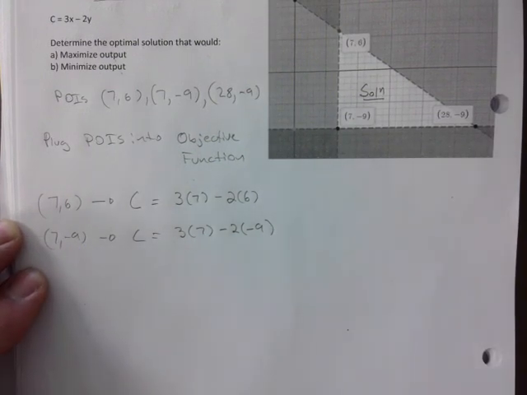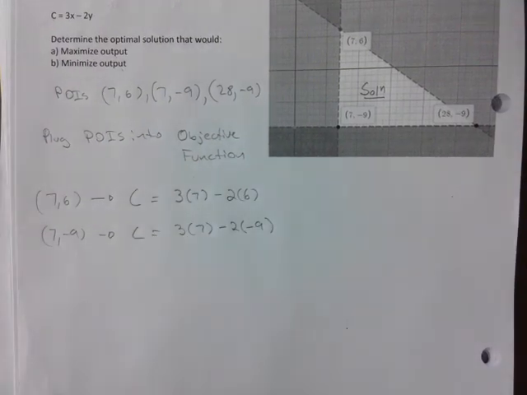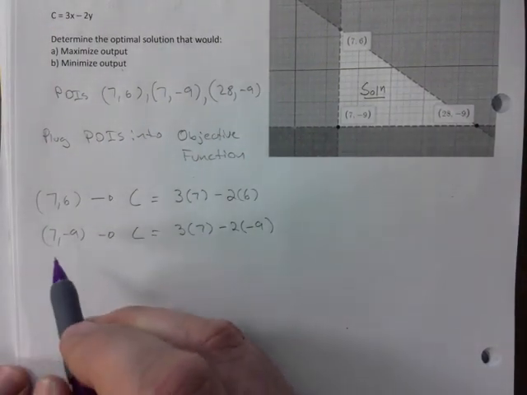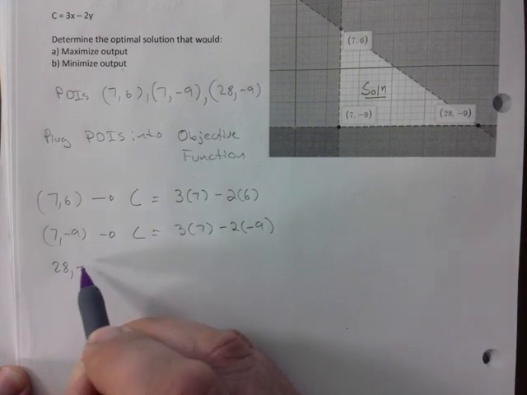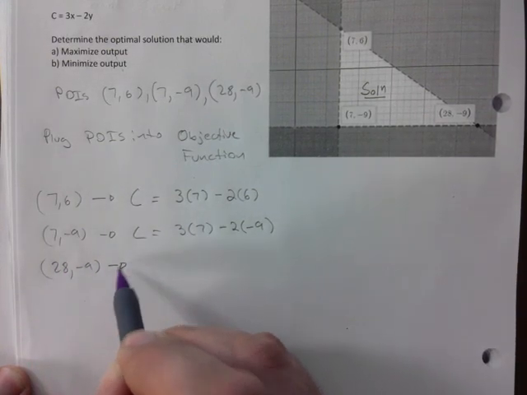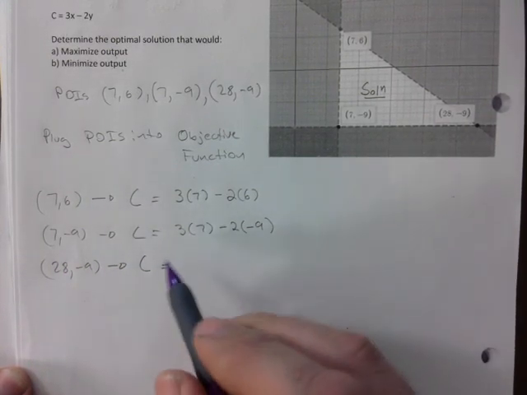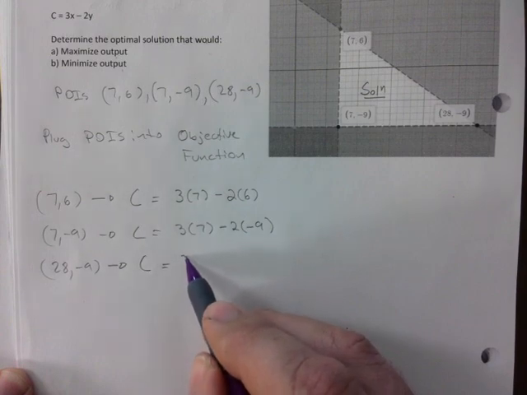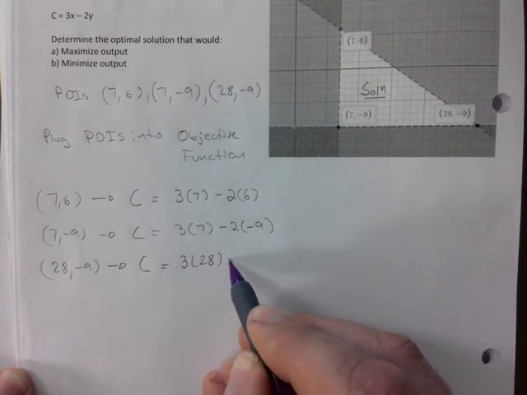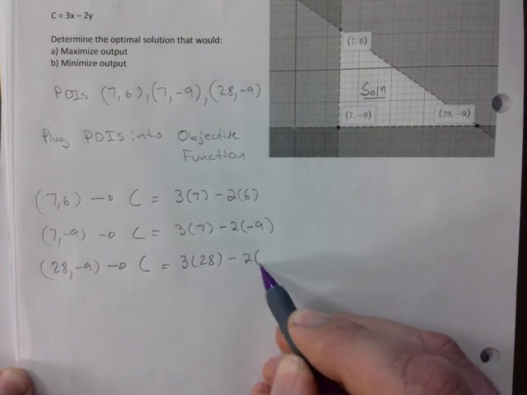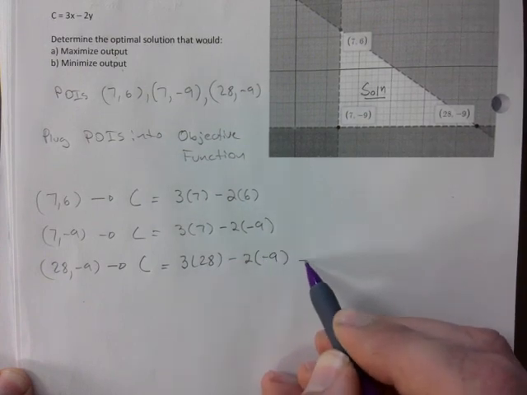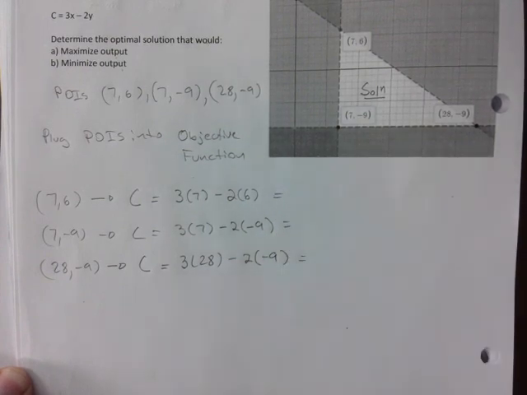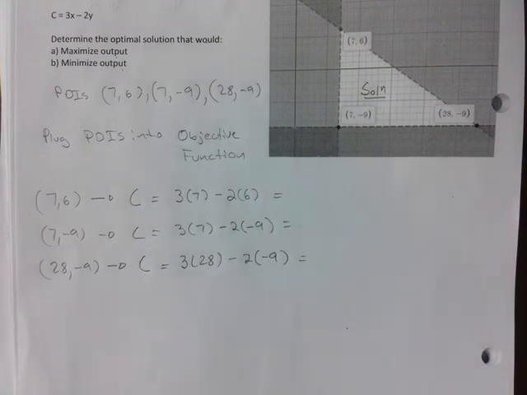Word problems, we're probably not going to have negatives, right? But this is not a word problem, so you just go with it. 28, -9, that point gets plugged into the objective function. And that's 3x minus 2 times -9. You can just type that into your calculator in one shot.